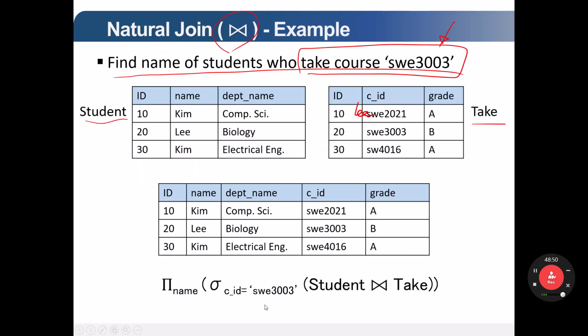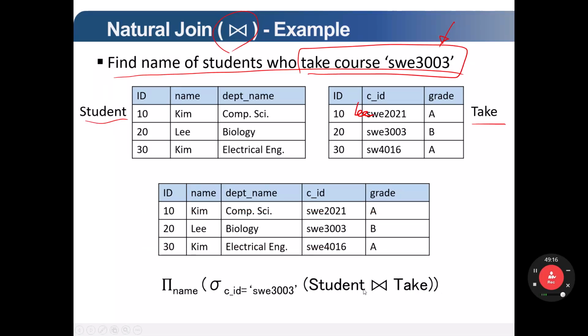That relational algebra expression does exactly the same job as this given expression. But this one looks simpler, it is shorter and more intuitive. So people prefer to use this natural join operator compared to that Cartesian product.